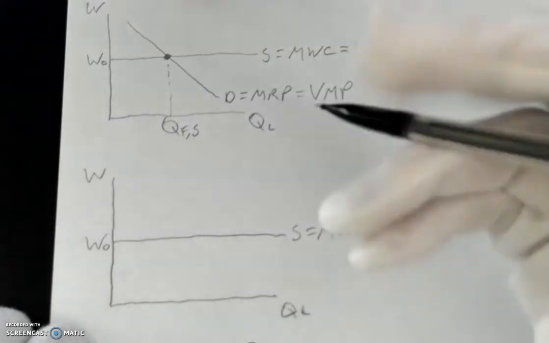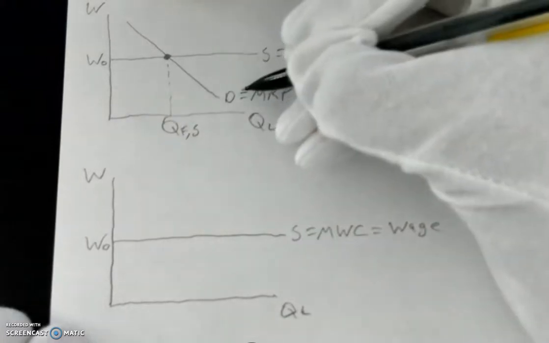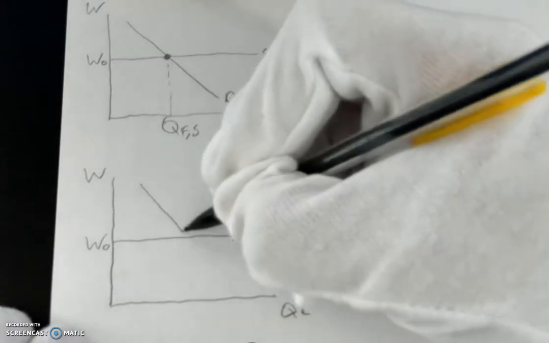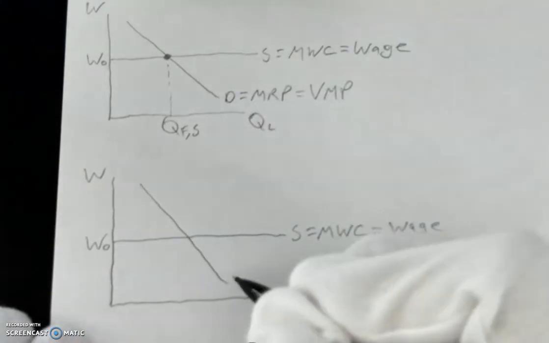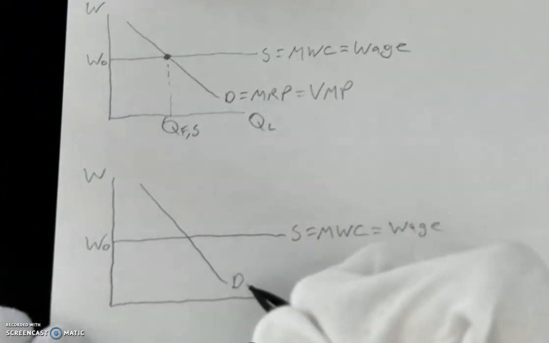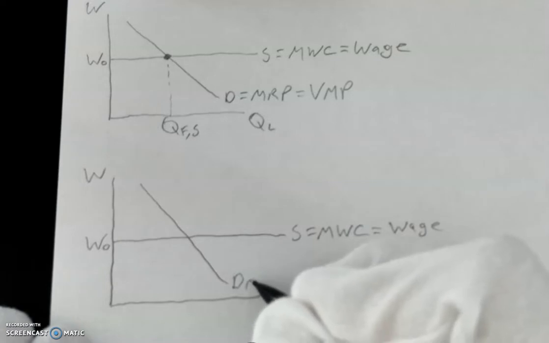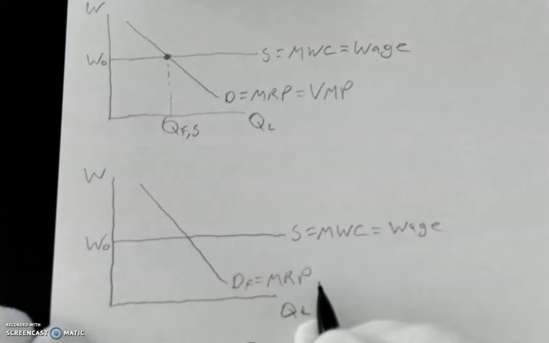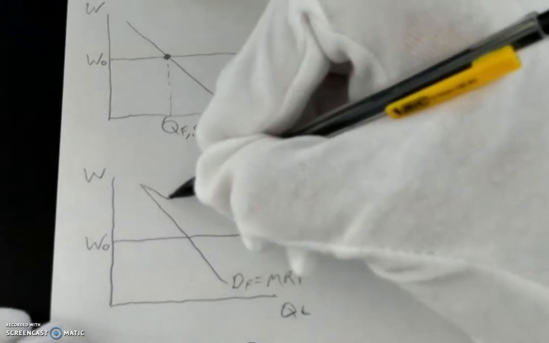So we're going to see, unlike the perfectly competitive product market, the demand curve slope downward. But the demand curve that the firm sees, which is going to be its marginal revenue product curve, is going to be different than the demand curve that society sees. And that's actually going to be higher.